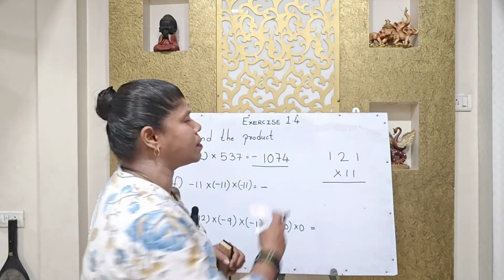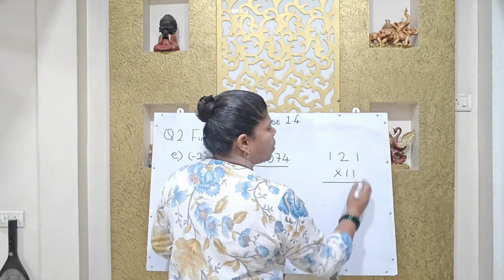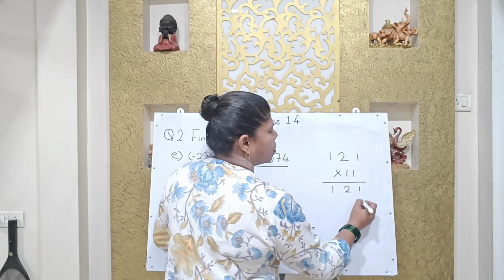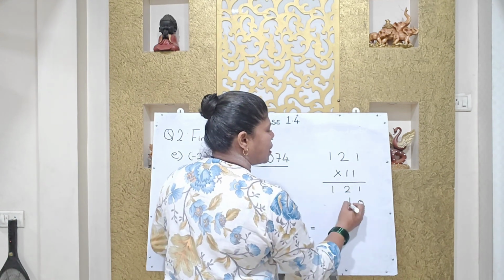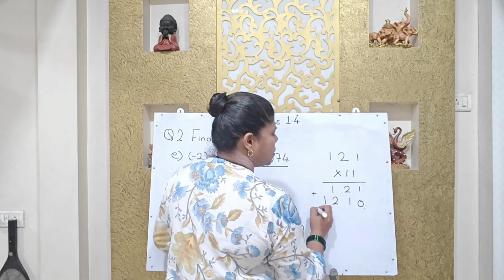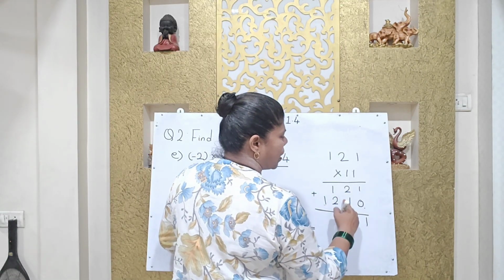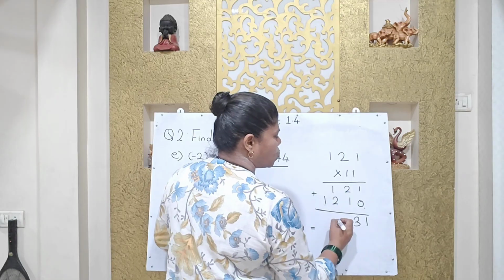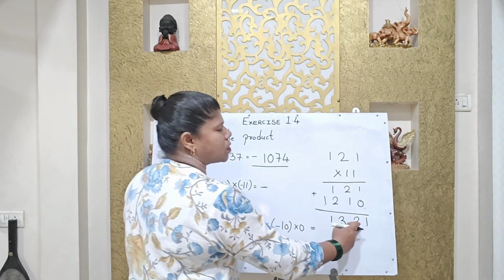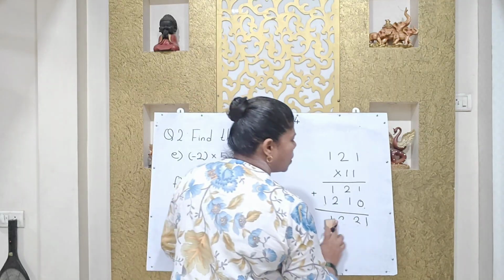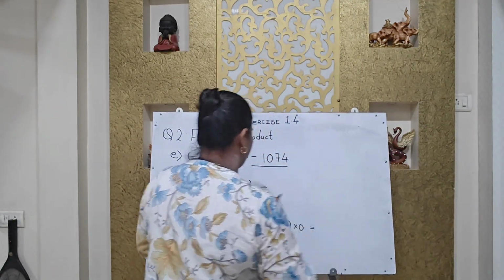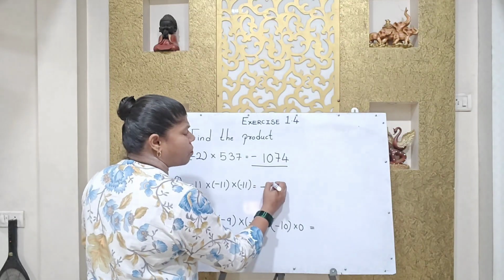This is the third time. So 1 ones are 1, 1 twos are 2, 1 ones are 1. 0 again. 1 ones are 1, 1 twos are 2 and 1 ones are 1. Plus 1, 2 plus 1, 3. 1 plus 2, 3. 1, 1. So the answer is 1331. So the answer will be negative 1331.